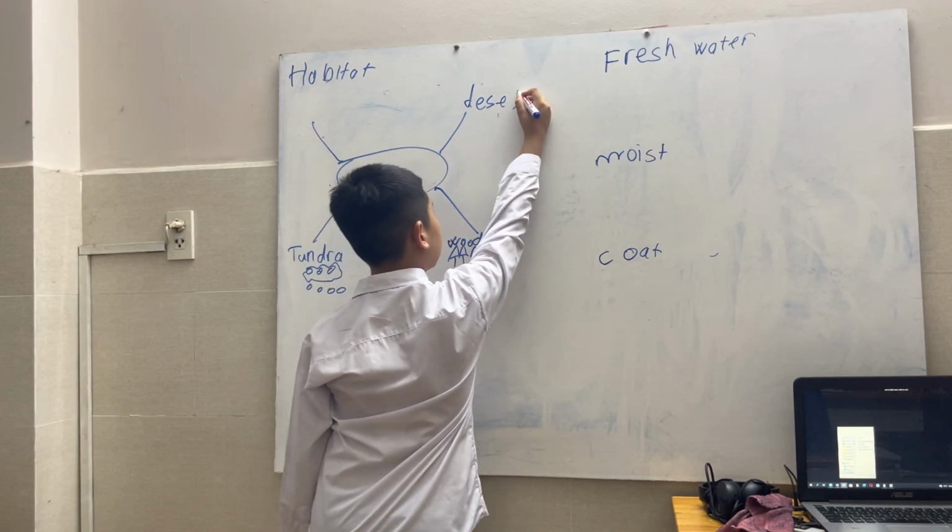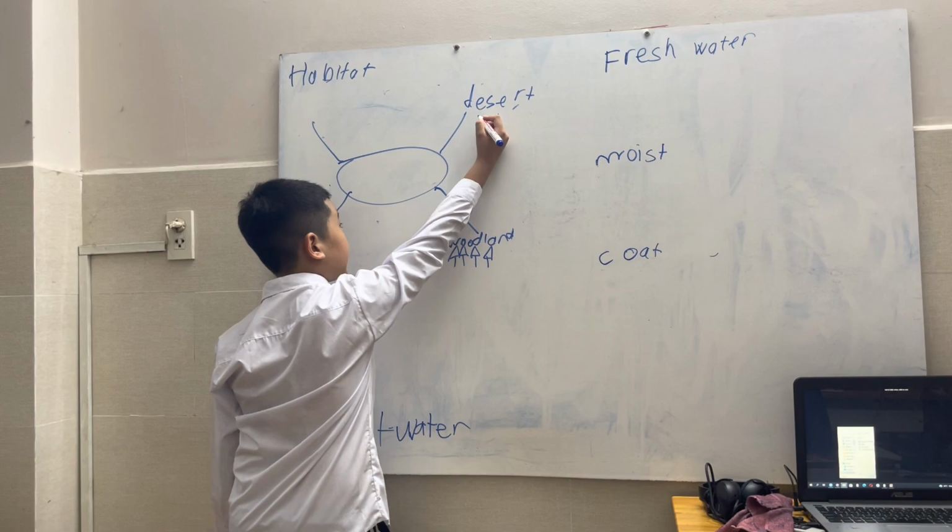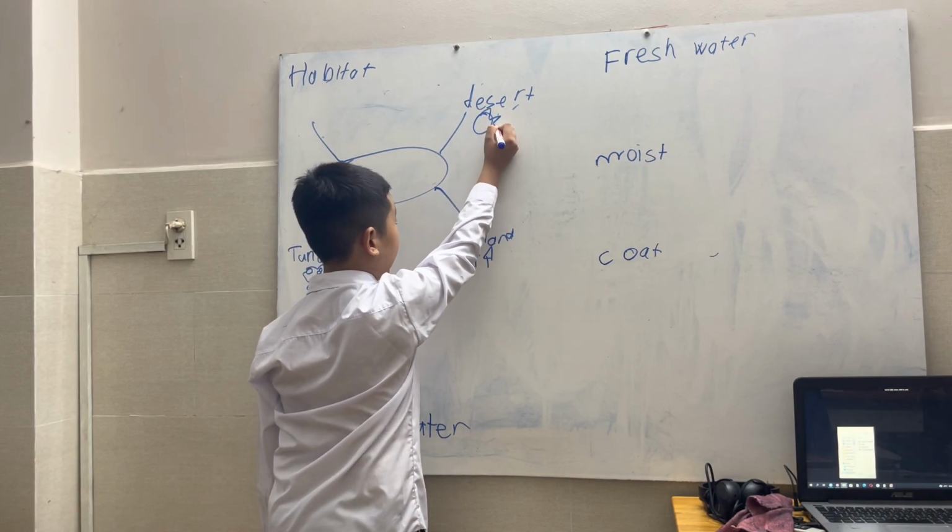Desert. A desert is a place where it's really hot.